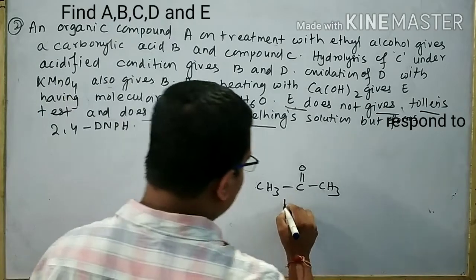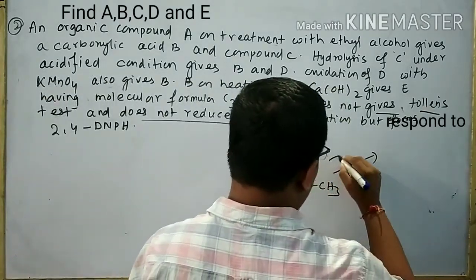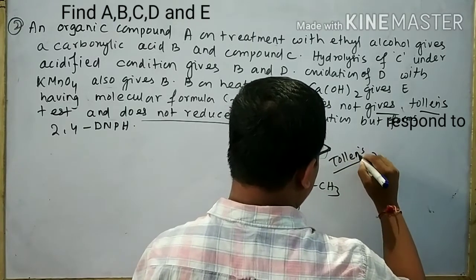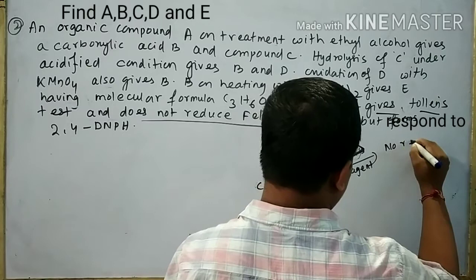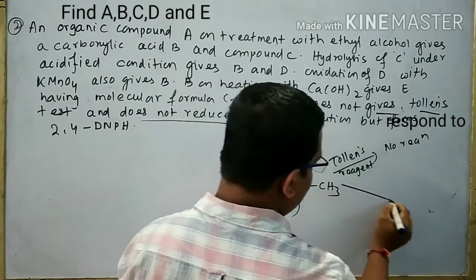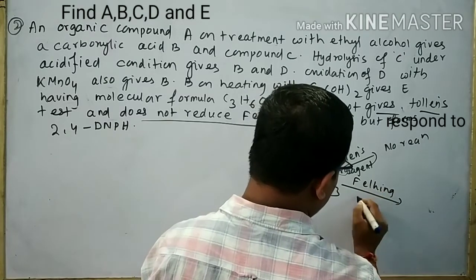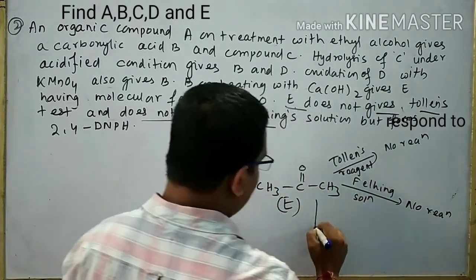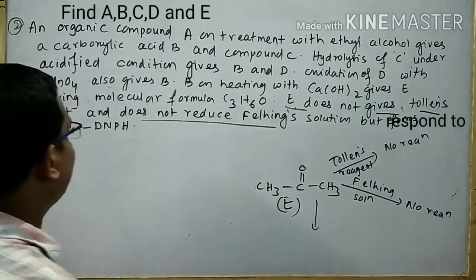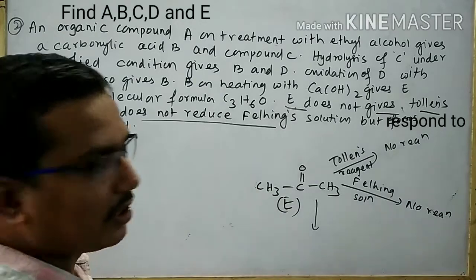So this is your E product. With Tollens reagent, no reaction. Like that, with Fehling solution, no reaction. But remember, 2,4-DNPH can react with acetone.